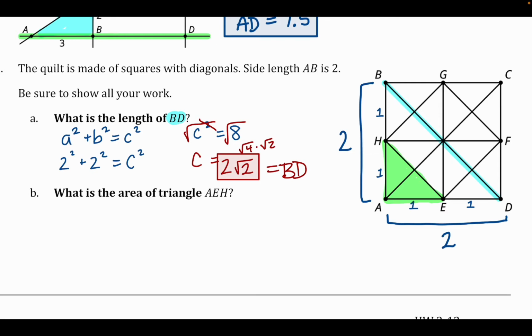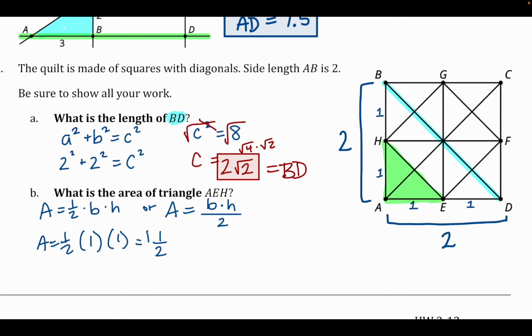So the area of a triangle is either 1/2 times the base times the height, or you may see it as area is base times the height divided by 2. Both of these are the same, but I like to use the equation on the left. So I'm going to use area equals 1/2. My base is 1, and my height is 1, so literally my area is just 1/2.